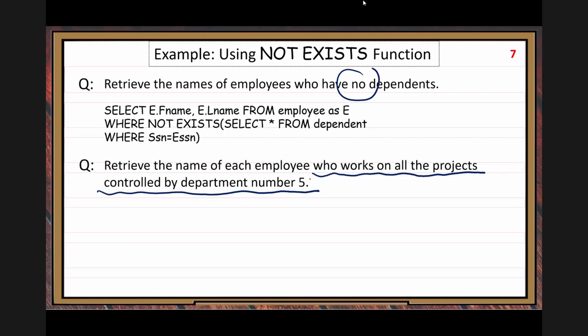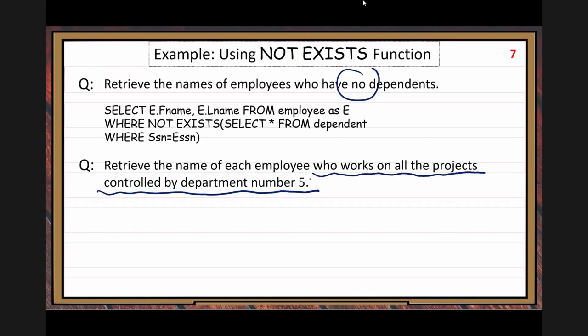You can consider each employee works on a list of projects in the company. Get that list, the whole list of the projects that one particular employee works on. Then another condition: that list happens to be controlled by Department 5.